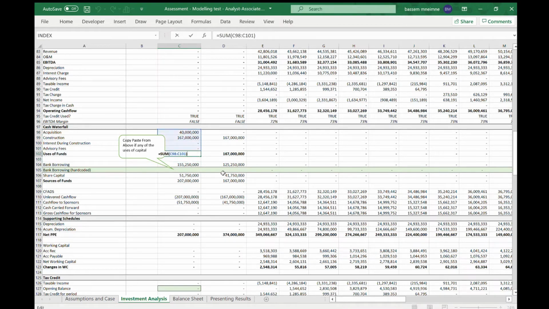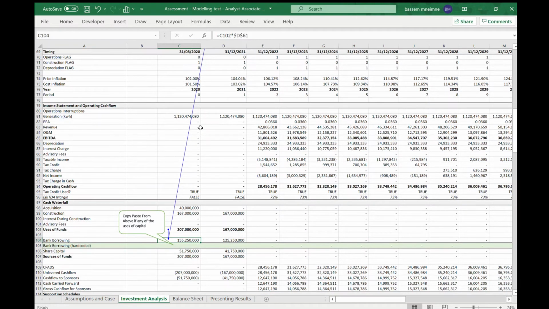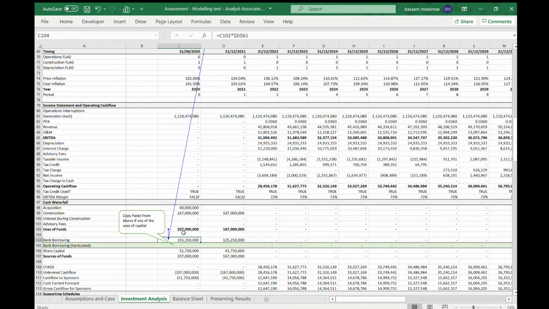But I leave the cells empty here, and then I put in my construction loan. And just as the given tells us, my construction loan is 75% of the construction fees, and all the fees during construction, including interest and advisory fees. And so what I'm drawing down on the loan is 155 million in the first year.